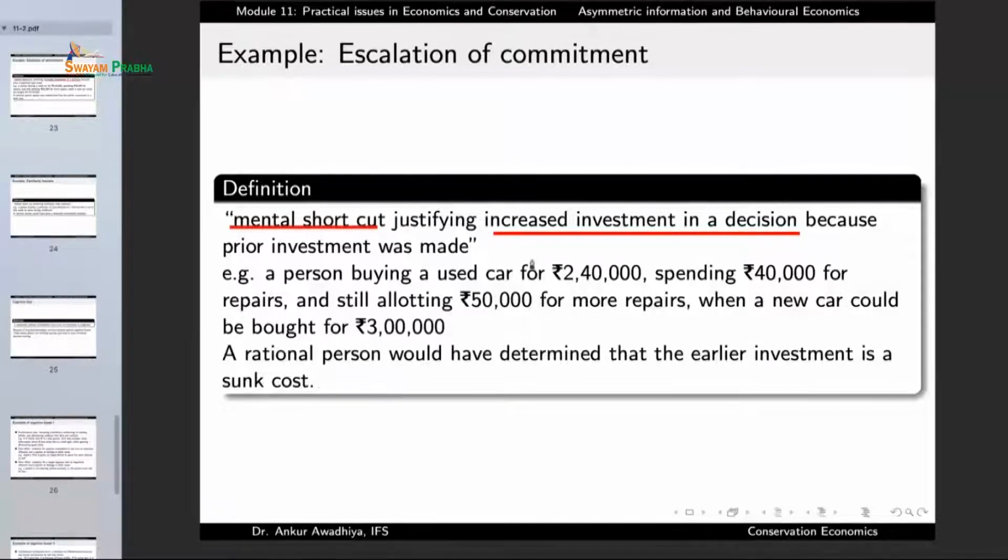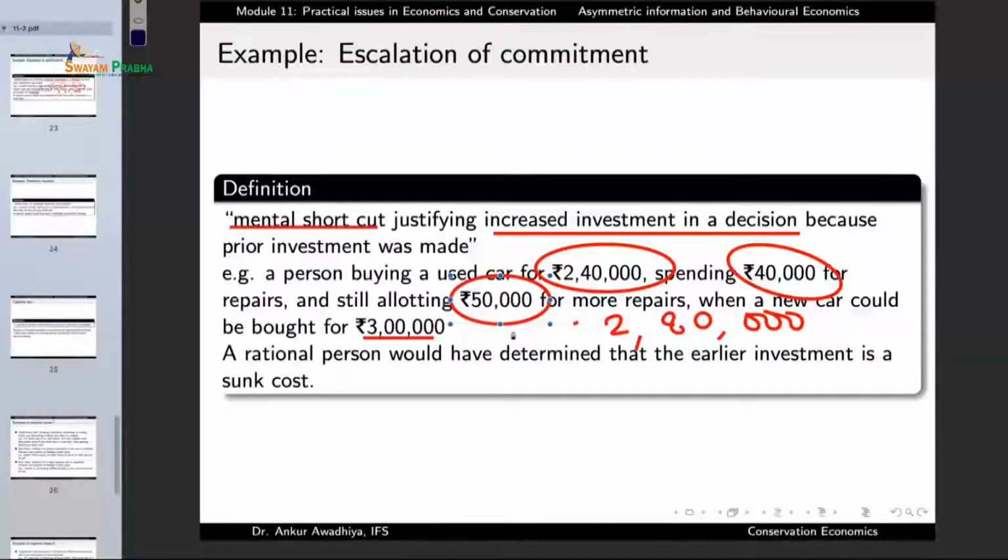Now, in this case, the person bought this car for 2,40,000, thinking that it is less than 3 lakhs. The person has already spent 40,000 rupees. So now the amount that has been spent is 2,80,000. But now the person is still allotting 50,000 rupees more for the repairs.